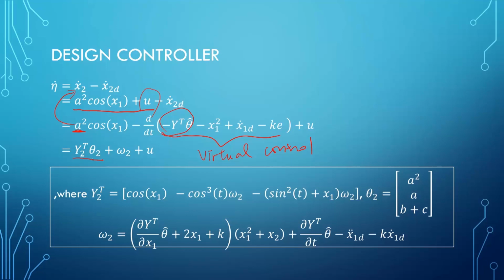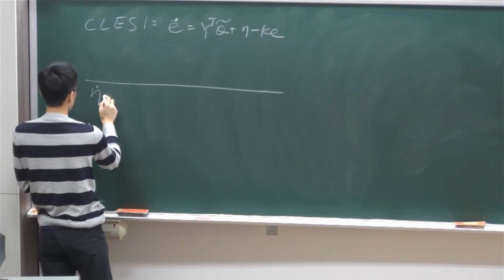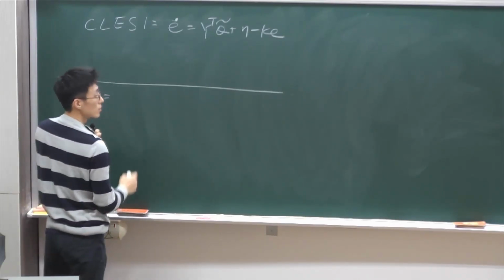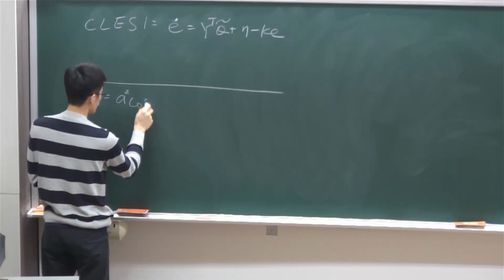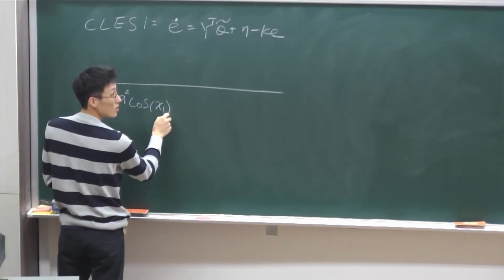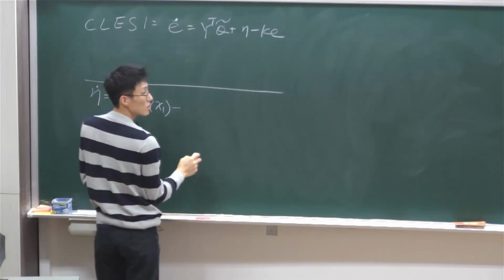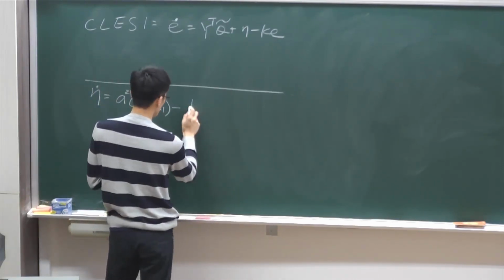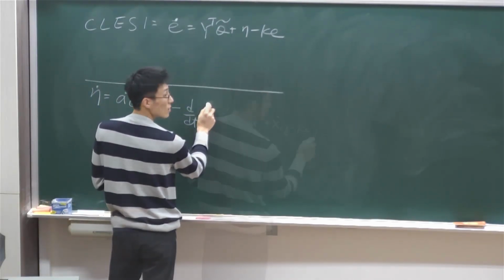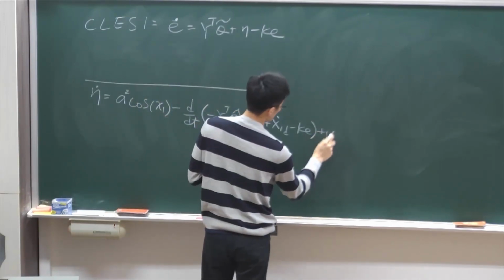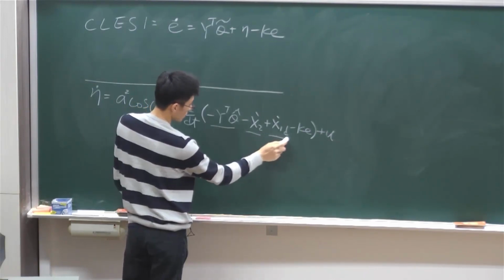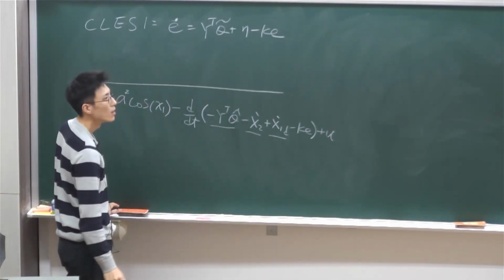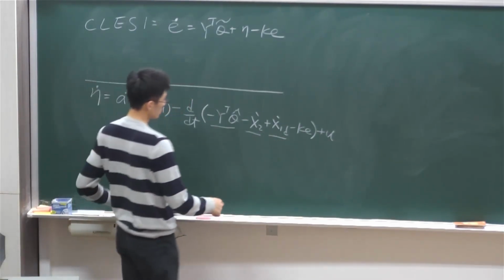So how you get this y2 theta 2: eta dot is equal to a squared cosine x1 minus, and you need to take the time derivative on each term, x1 squared.